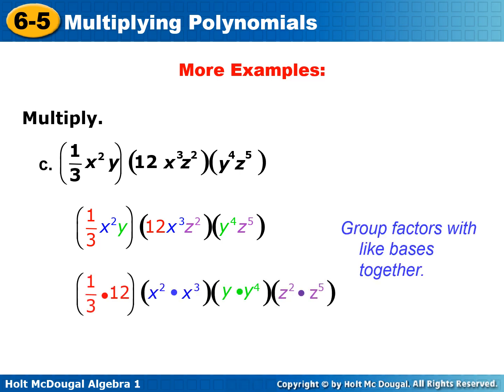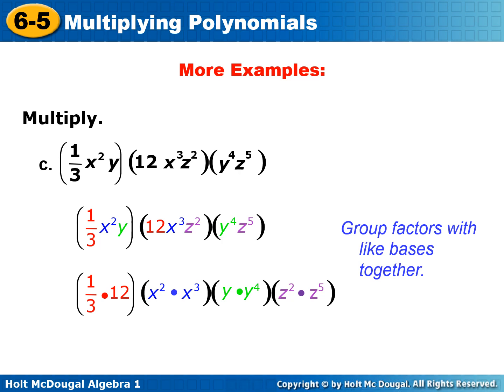So we have 1/3 from the first monomial, 12 as the numerical coefficient of the second monomial, and for the third monomial we have here 1. But actually, we don't have to put 1 with the 1/3 and 12, because remember, anything that you multiply with 1, well, it's just itself.